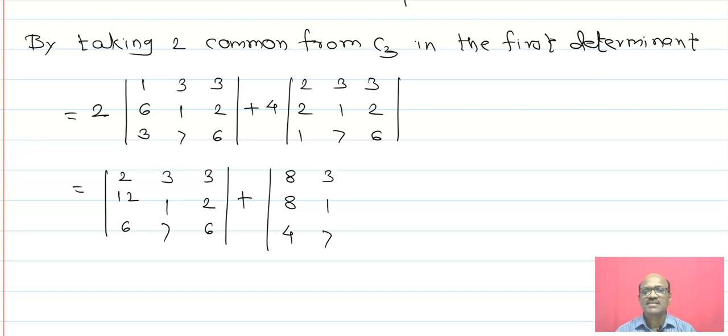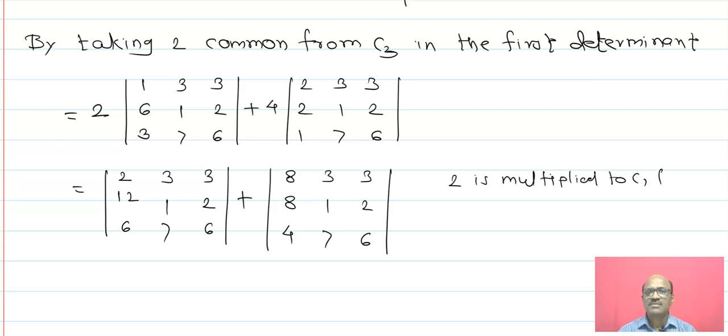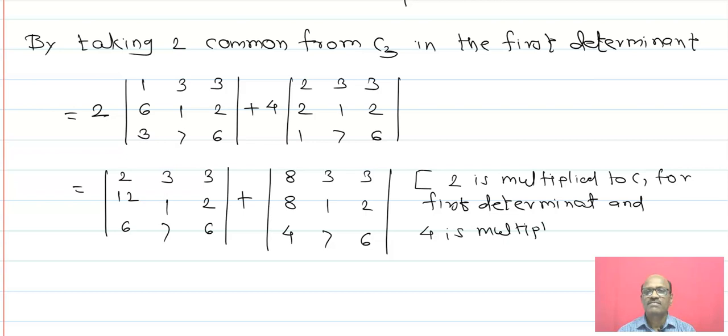And in this case, multiplied by 4 to the first column again, that is 2 is multiplied to C1 for the first determinant, and 4 is multiplied to the first column of the second determinant.